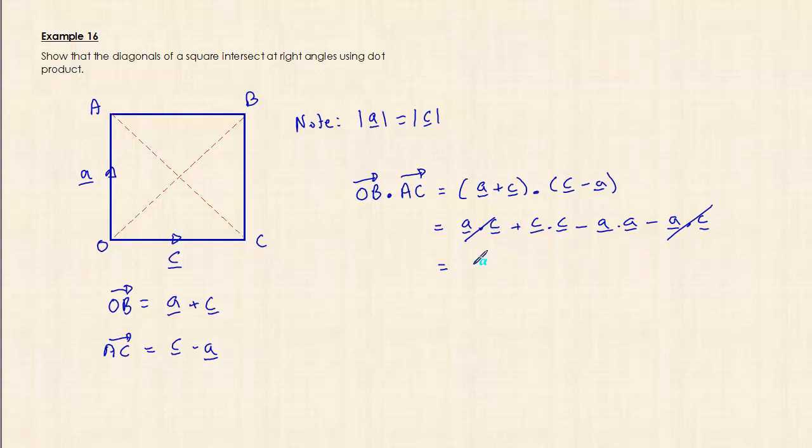C dot C is C squared. A dot A is A squared. And that's equal to 0 because of the point we made here. So we've dotted the two diagonals and we've got 0, and that shows that they are perpendicular.